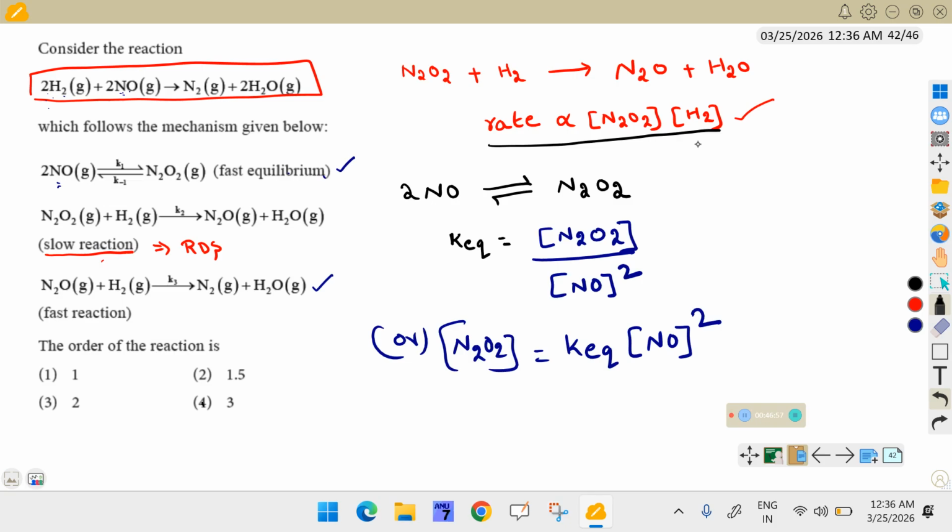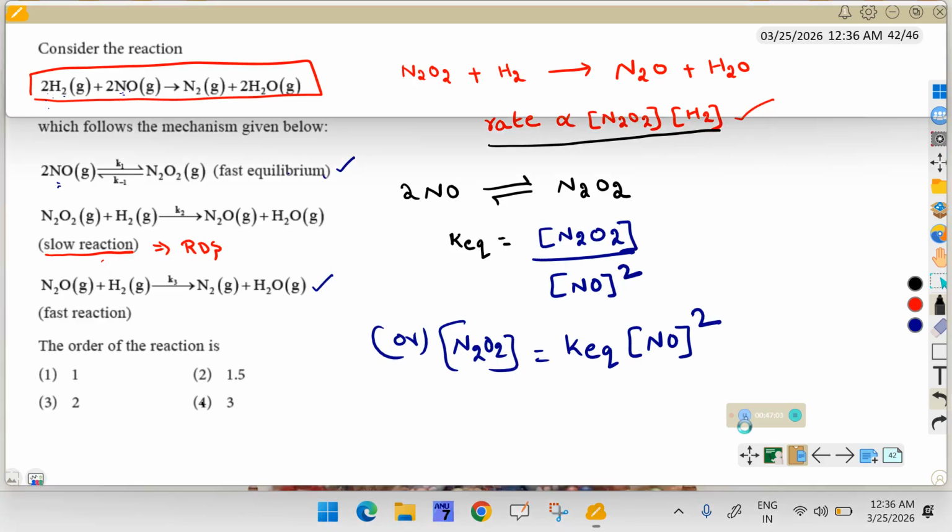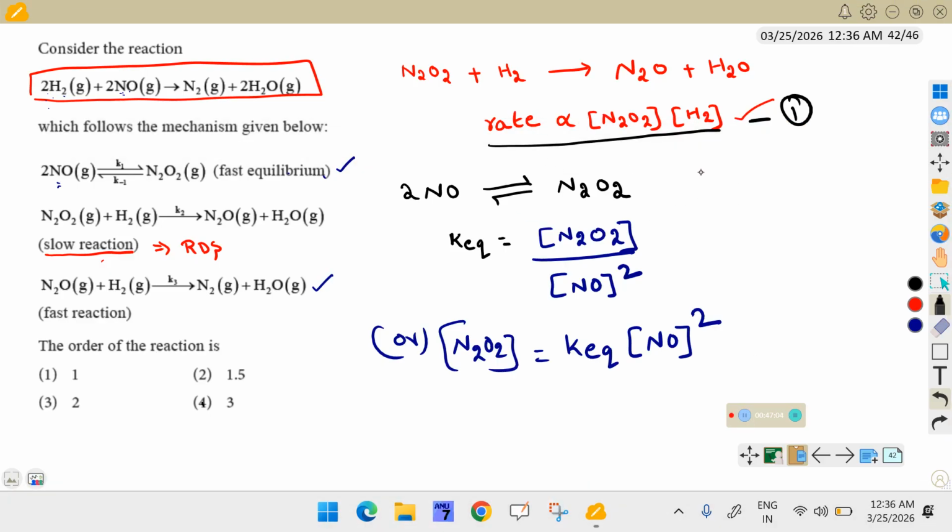So substitute the N2O2 value in equation 1. Then you will get rate is directly proportional to K equilibrium into NO whole square into H2. So the order of the reaction is 2 plus 1, which is a third order reaction. The fourth option is the correct option.